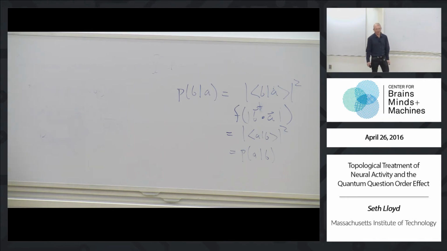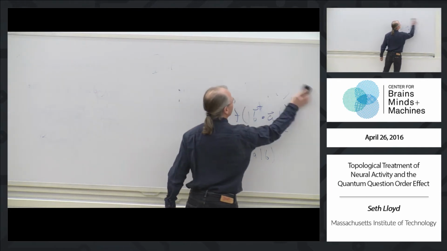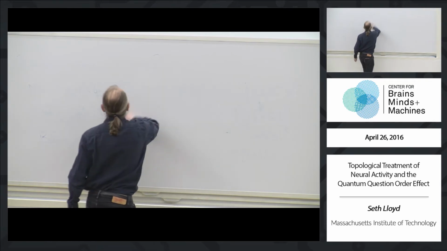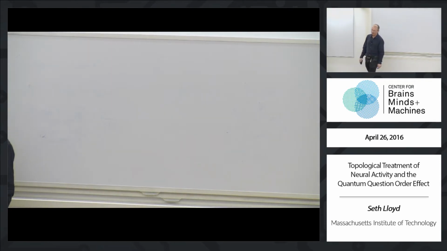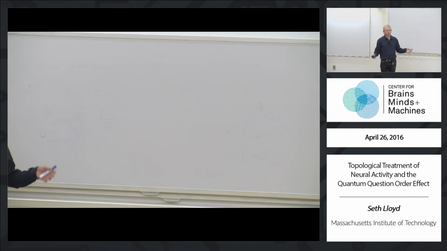In fact, that was the big hump for me to get over. But in some sense, this quantum question order effect, I realized, having spent all this time learning about these topological analysis methods, is that topological analysis methods, as we'll see, require you to describe topology in terms of vectors in high-dimensional vector spaces.